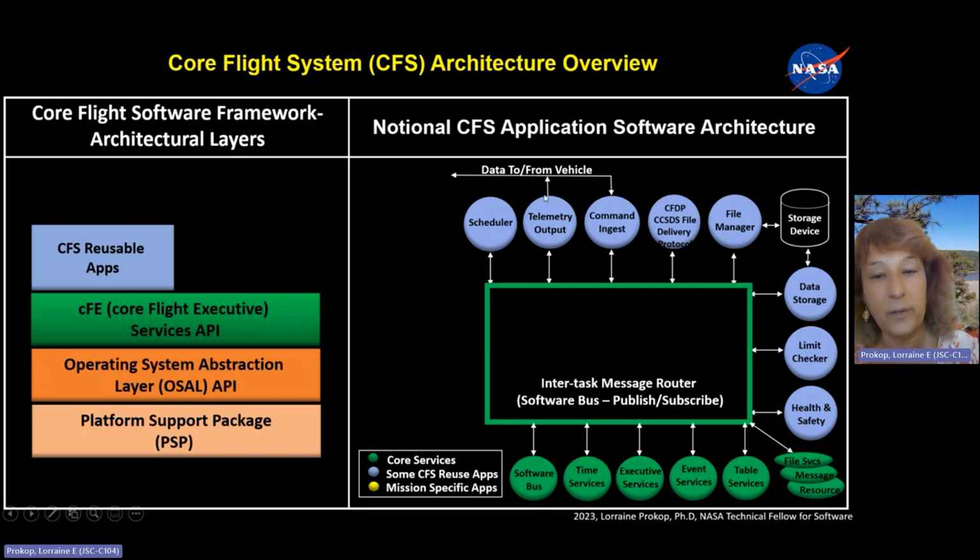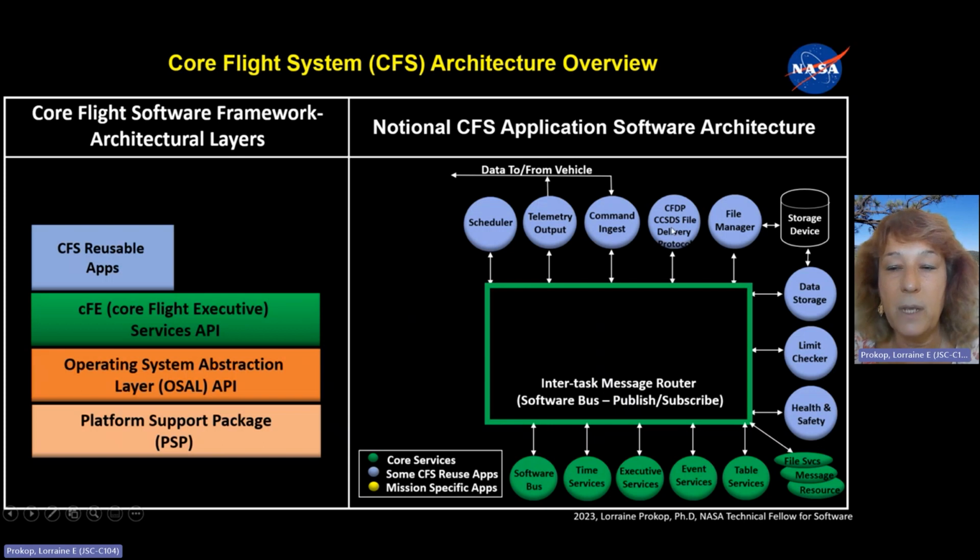Telemetry output provides output data outside of the system, and command ingest receives data from the outside. These two come with samples, and they're usually highly configured by the special mission that is being used.